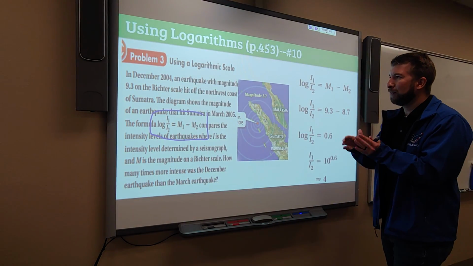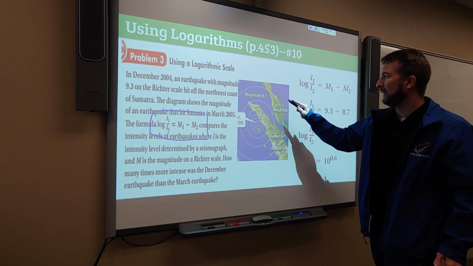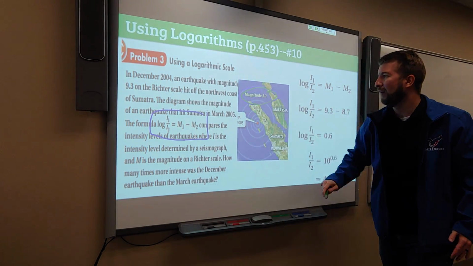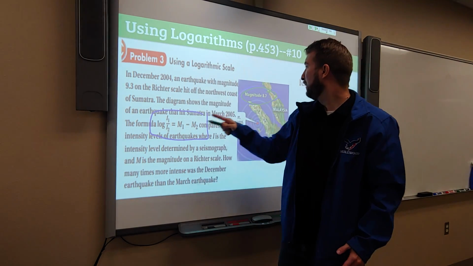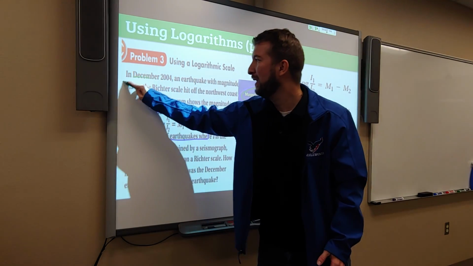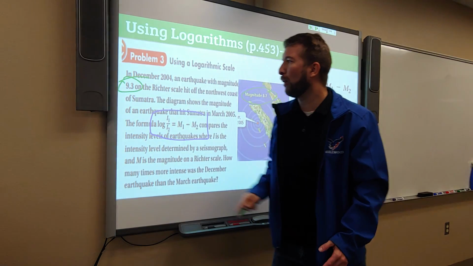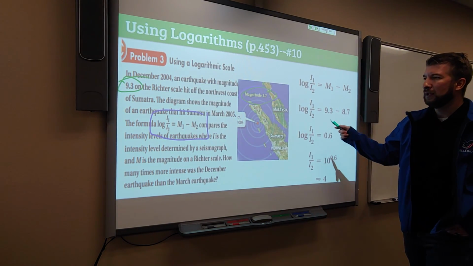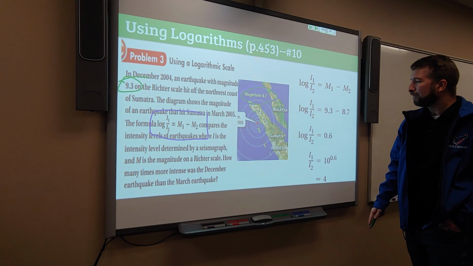And so basically you're just plugging things in. They have one earthquake at a magnitude 8.7 and one that's at 9.3. And so you're just plugging those in to this equation.